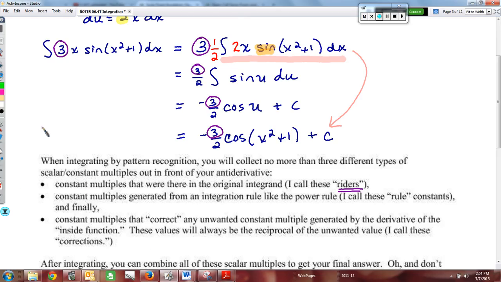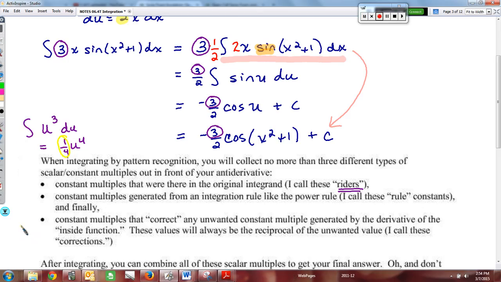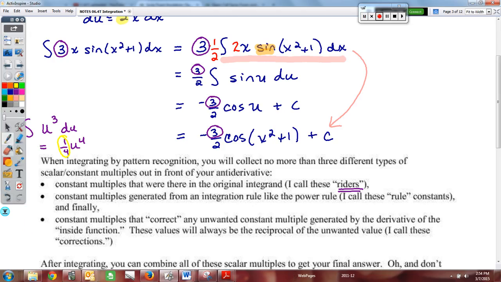But if I had the antiderivative of u cubed, you would end up with u to the fourth over 4. This 1/4 right here would be called the constant generated by the integration rule. Like when I'm doing the power rule backwards, you have an extra constant that gets added in.